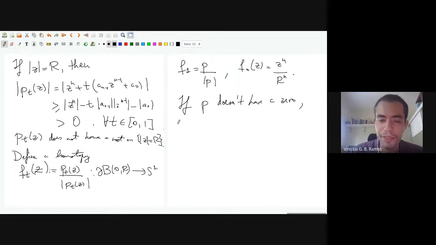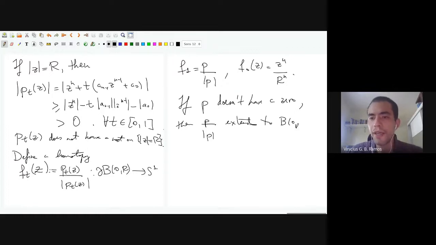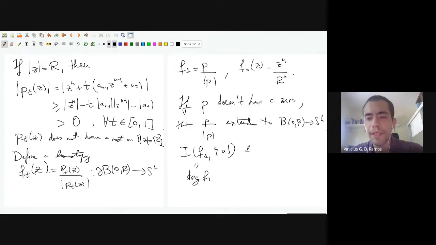So if P doesn't have a 0, then P over norm of P extends to the whole B(0,R) to S^1, which will mean that the intersection number of F_1 with any point, which is the degree of F_1, is equal to 0 by that lemma. So if I can extend it to a manifold with boundary, then the degree has to be 0.